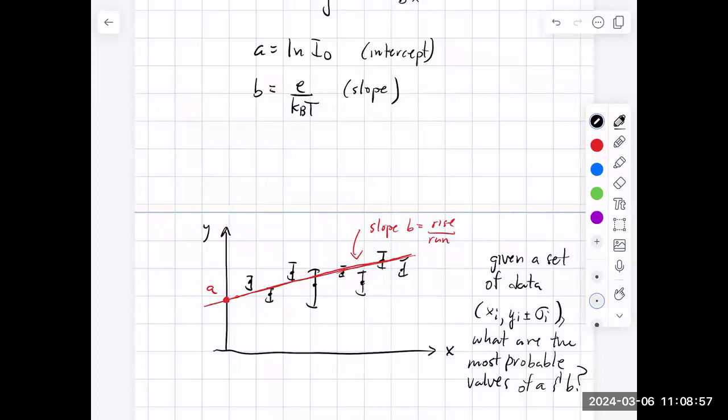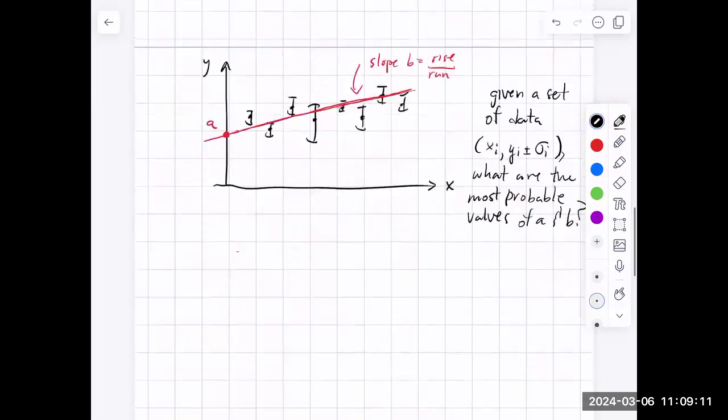We only take some small subset of data, a sample distribution, and we're going to try to say, based on the measurements we've done, what are the best estimates of A and B that we can make? We'll never know the exact true values. All we can do is take our data set and see if we can figure out the most probable values, best estimates.